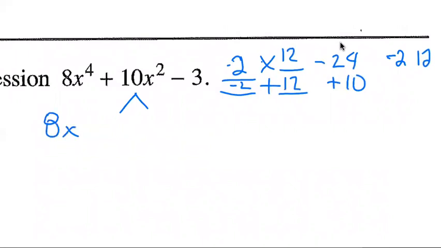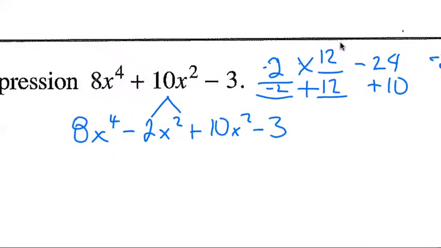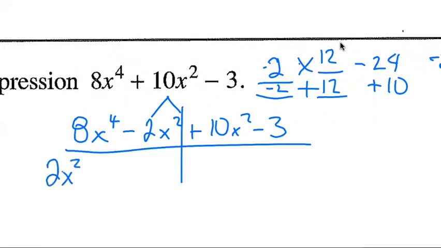8x to the fourth minus 2x squared plus 12x squared minus 3. Draw your T. Greatest common factor of 8x to the fourth and 2x squared is going to be 2x squared. That'll leave me 4x squared minus 1.